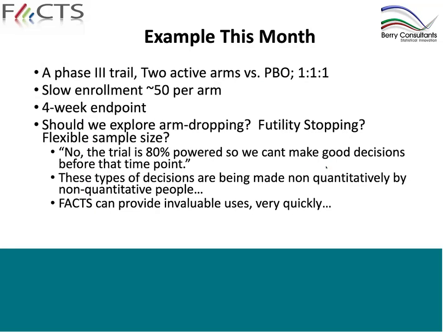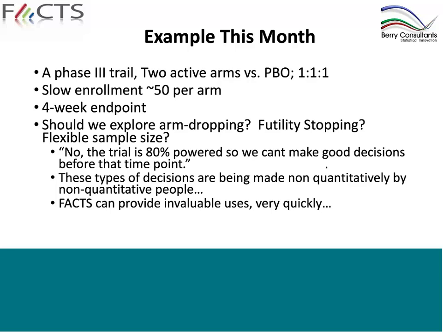Here was another example this month: a phase 3 trial, 2 active doses. They want to do 1-to-1-to-1 randomization versus a placebo, with slow enrollment and a rare disease. About 50 per arm was the design they wanted. We don't really know if this is the right trial design. It has a 4-week endpoint, so a relatively quick endpoint.